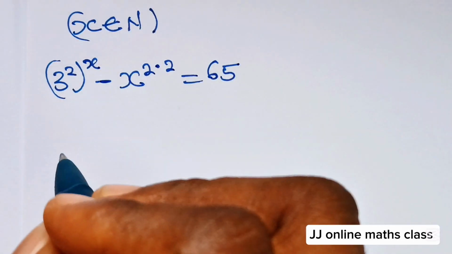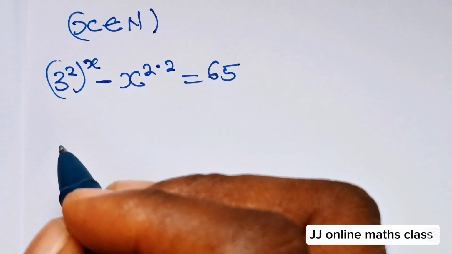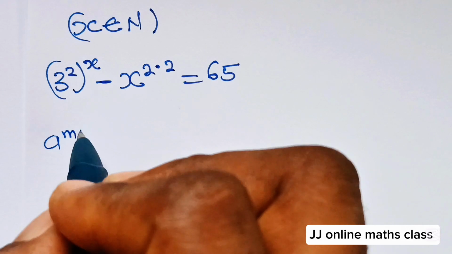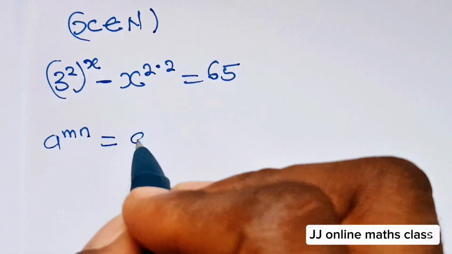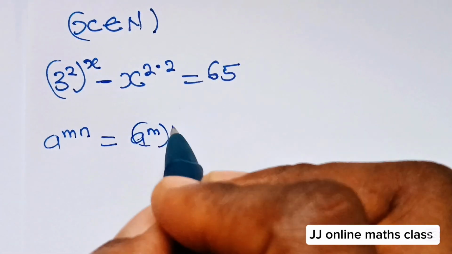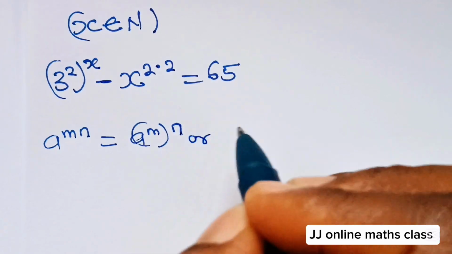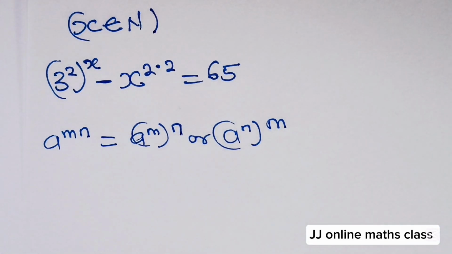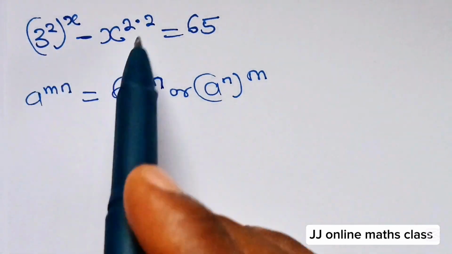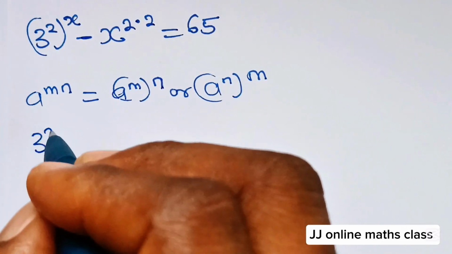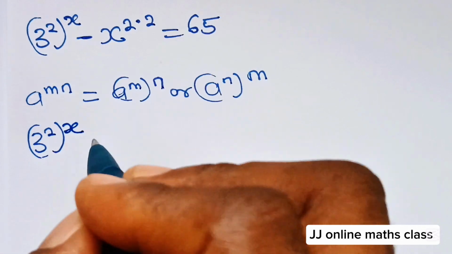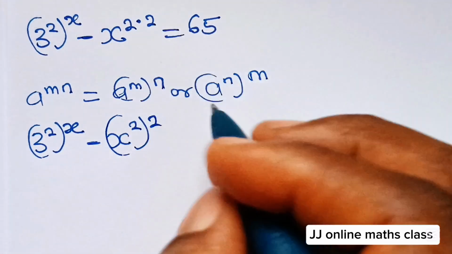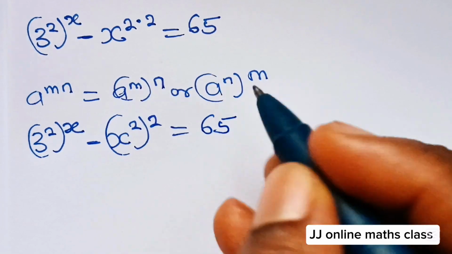Now recall that when you have a raised to the power of m times n, it is equal to a to the power of m raised to the power of n, or a to the power of n raised to the power of m. Both of them are the same thing. So we can now rewrite this as 3 to the power of x, raised to the power of 2, minus x to the power of 2, raised to the power of 2, is equal to 65.